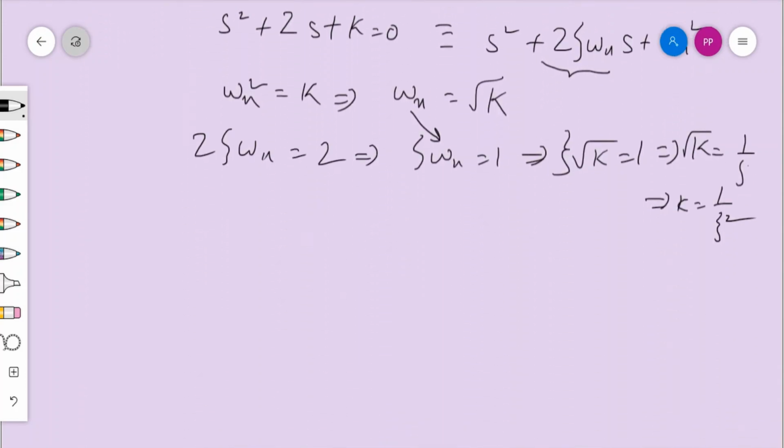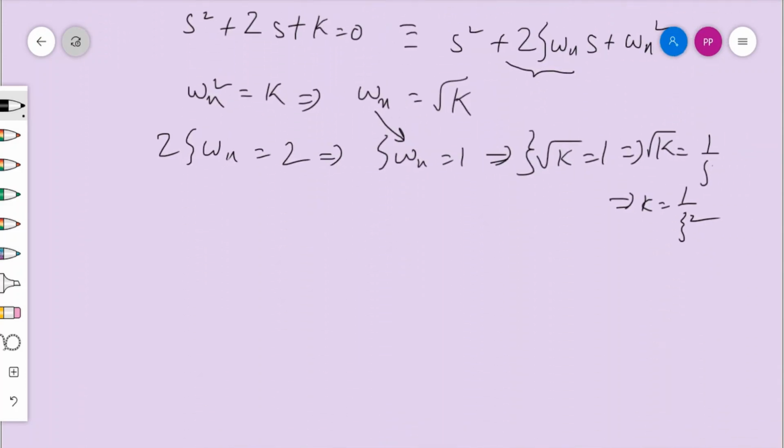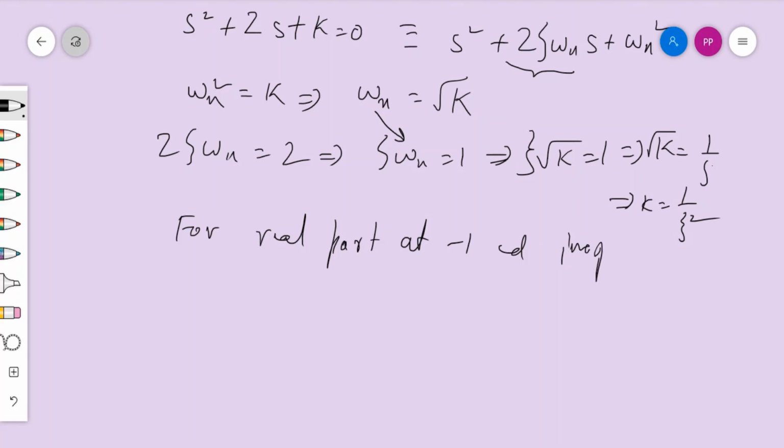So once I write that, for real part at -1 and imaginary part at j1, we have tan theta equals 1, which implies that theta equals 45 degree.